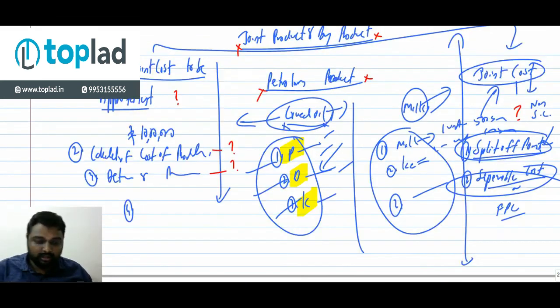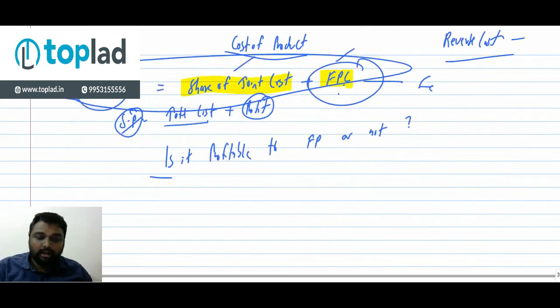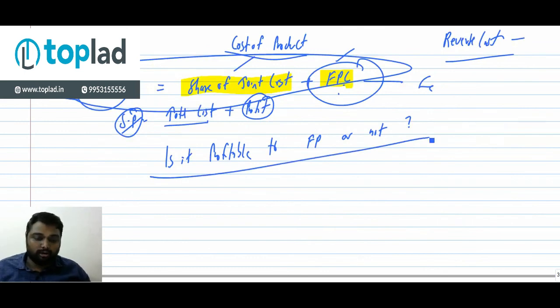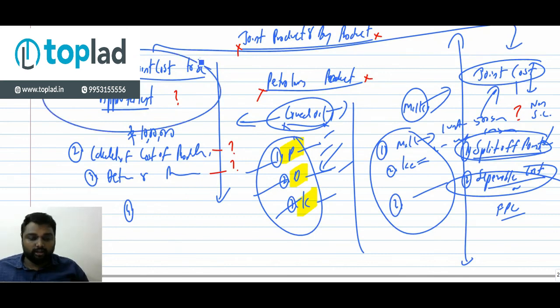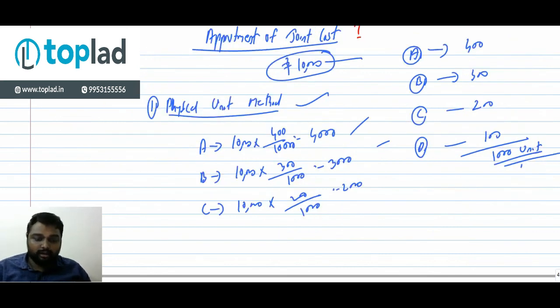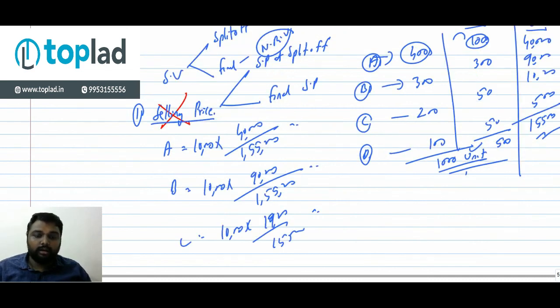Then we discussed that in joint products we have to answer three things: how to apportion the joint cost, calculation of cost of production, and determination of the selling price. We have also answered whether it is profitable to further process or not. Today we have discussed mainly how to apportion the joint cost. We have done different methods, the physical unit method and the sales value method. So we have done only a few methods today.